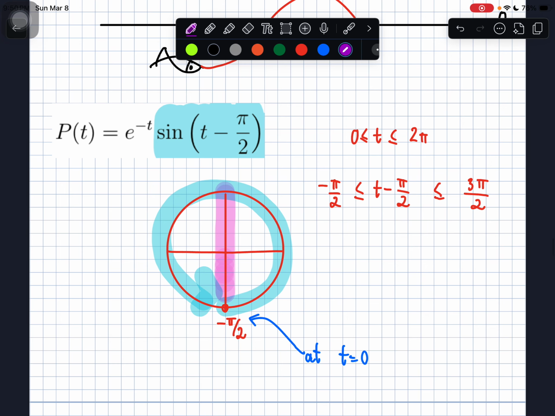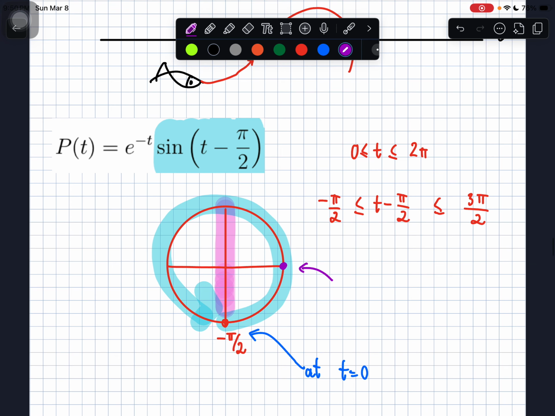The first time the dolphin goes to the surface level and comes out of the water, sine at t equal to pi over 2. At t equal to pi over 2, sine of pi over 2 minus pi over 2 is sine 0. This angle 0 gives sine equal to 0.